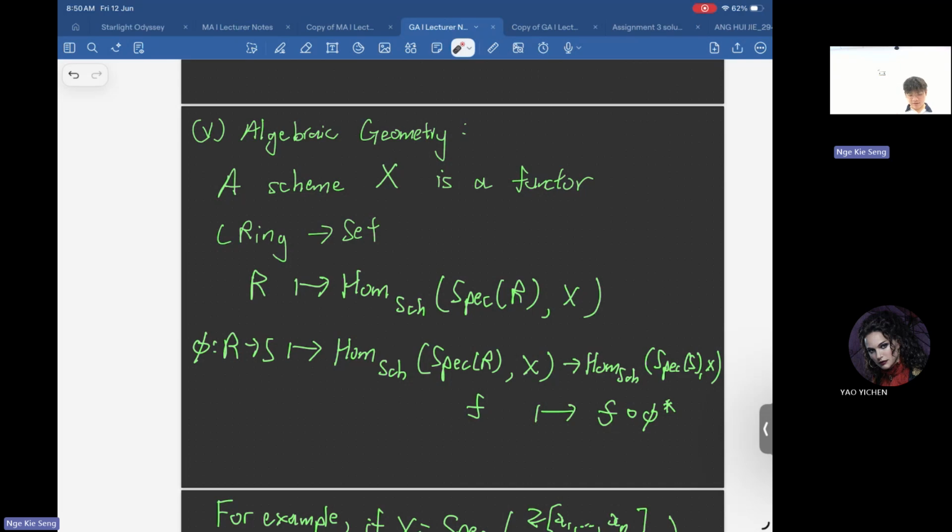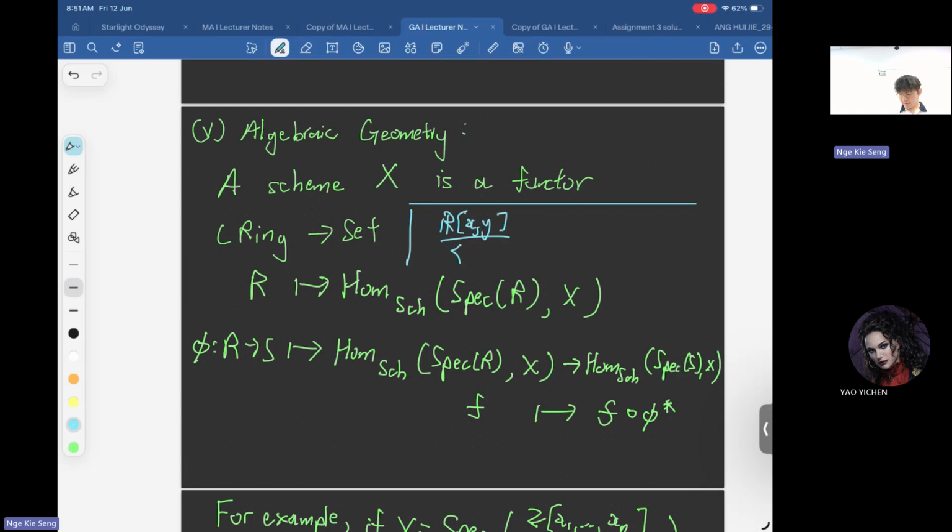So actually what this does, in a plain non-categorical language, right? What we did was, for example, we look at, let's say, R of xy, quotient it out by, let's say, x plus y, and then we are just looking at the zero set of x plus y, something like that.